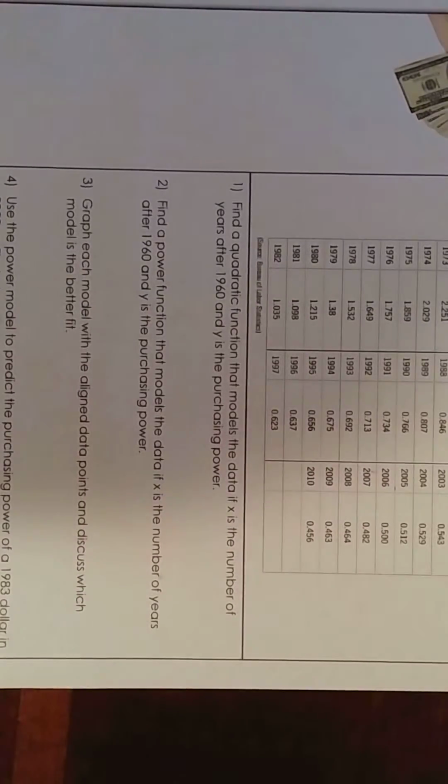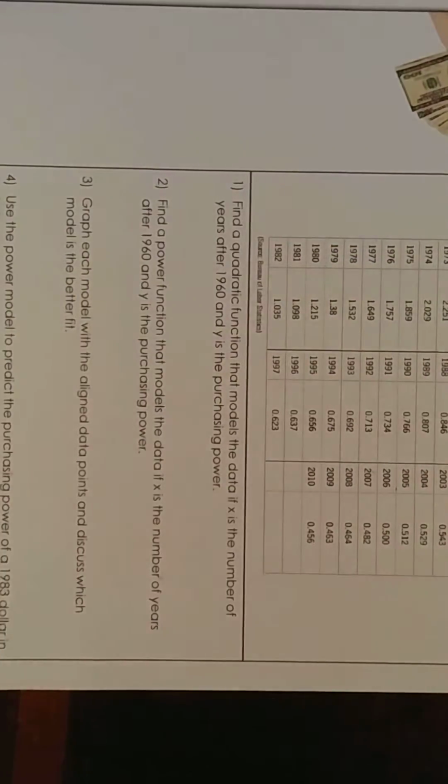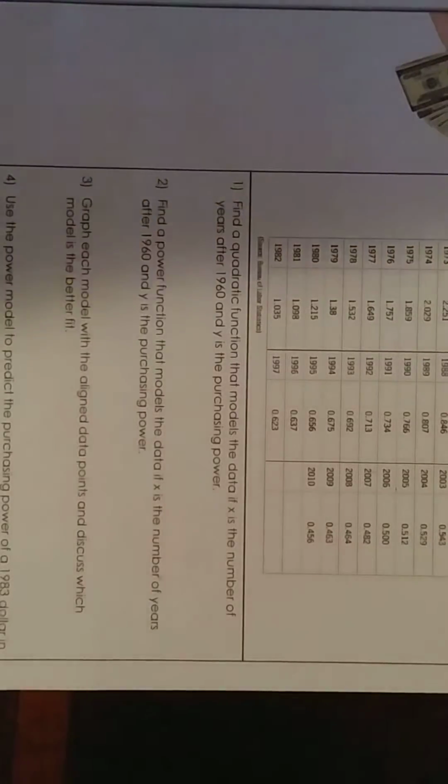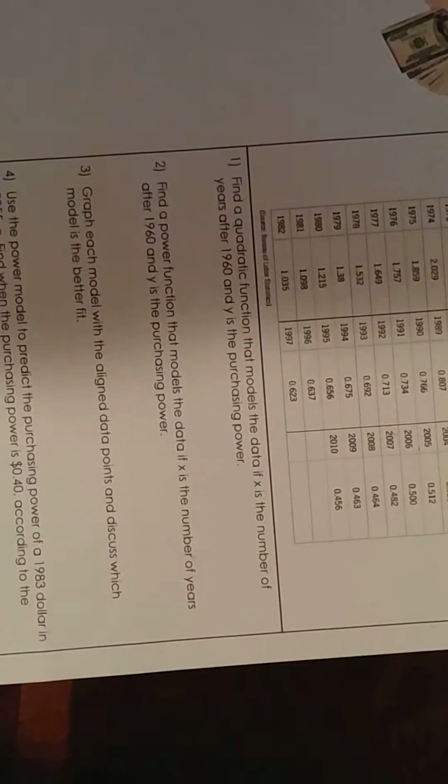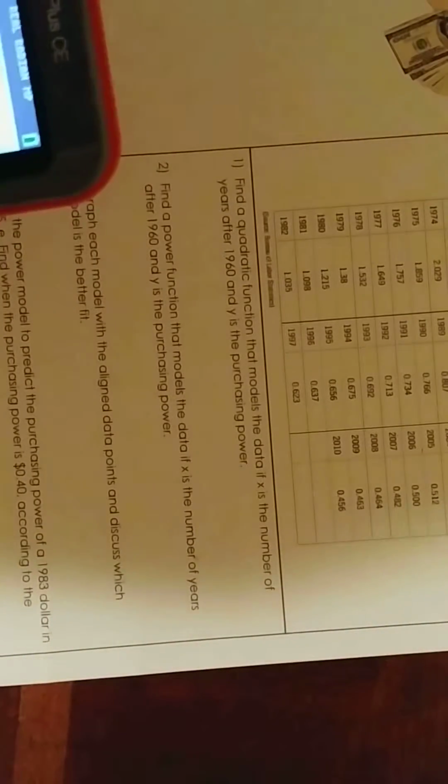All right, and then in this final section, we're going to talk a little bit about purchasing power and inflation. Okay, so inflation causes a decrease in the value of money.